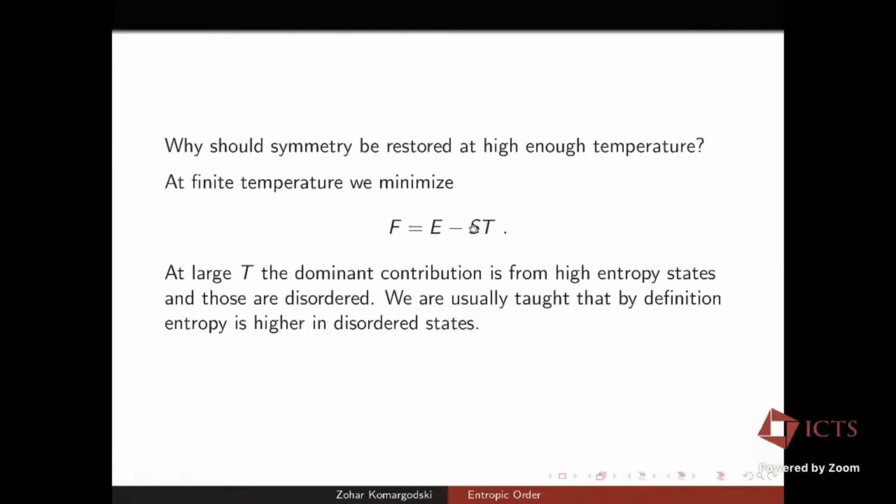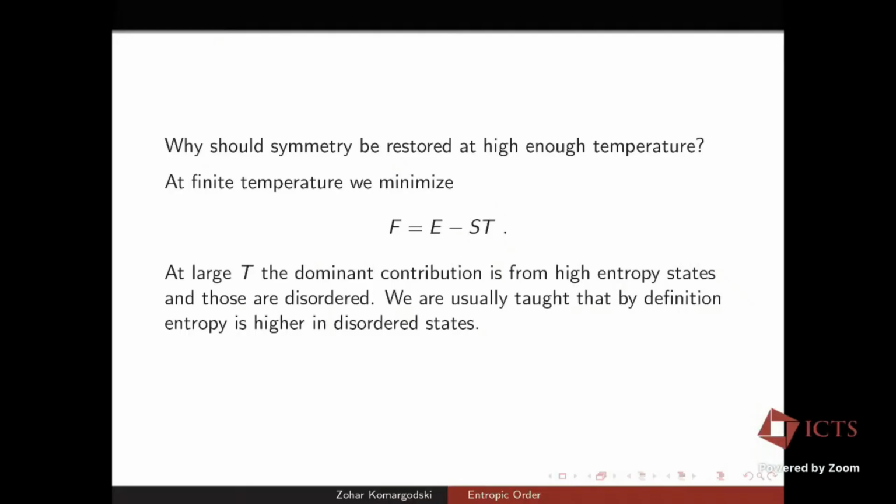And so at high temperatures, we must maximize the entropy. And entropy pretty much by definition is a measure of disorder. So you would say that from this, we learn that at high temperature, disorder must dominate and there cannot be any order. I'll show you today that this intuition is false, that high entropy does not imply disorder. But that's what we're usually told, that disorder is equal to high entropy.